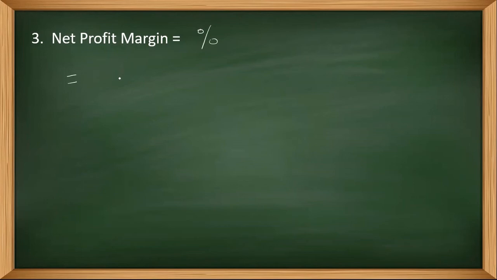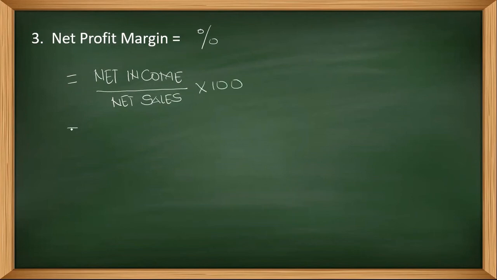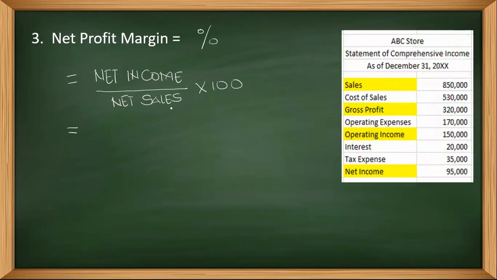Net profit margin is equal to net income divided by the net sales, then multiply by 100. The next step will be the basis of the data, which is again the statement of comprehensive income. So let's get the value.